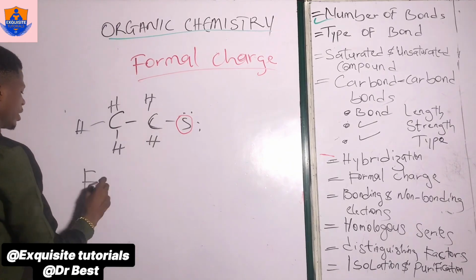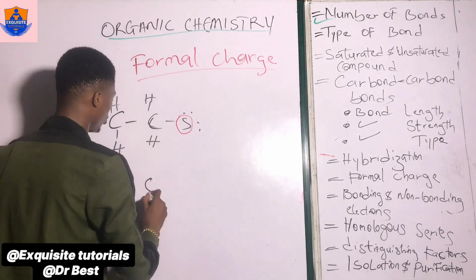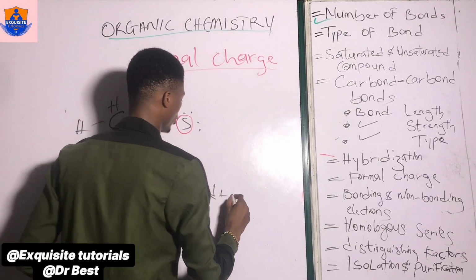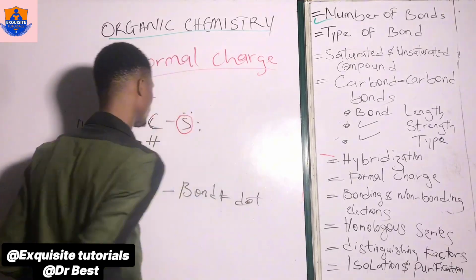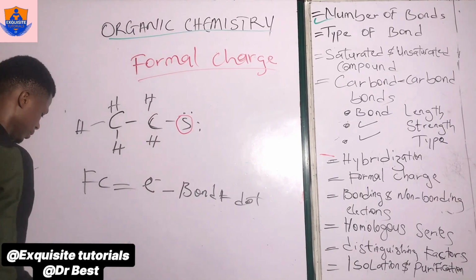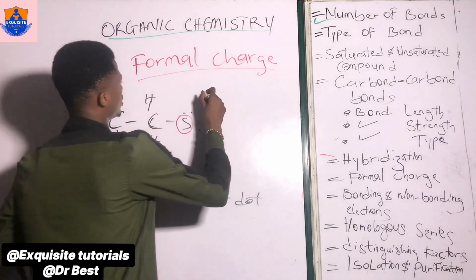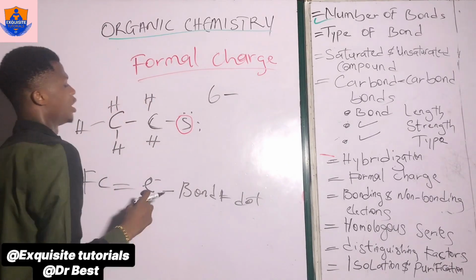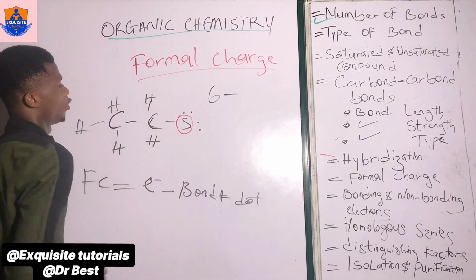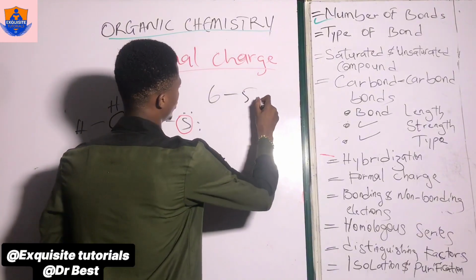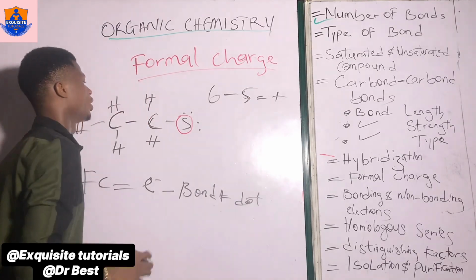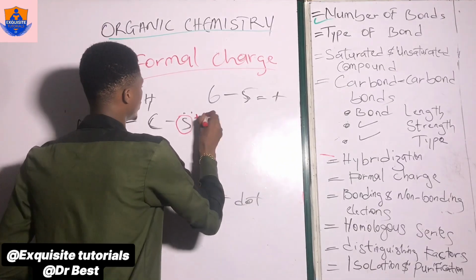Here is the formula to determine formal charge. FC, formal charge, is equal to number of valence electrons minus number of bonds minus number of dots. Now, the valence electron of sulfur is 6. So it will be 6 minus number of bonds, here is 1, minus number of dots, here is 4, so 1 plus 4, which is 5. 6 minus 5 is 1. So the formal charge of sulfur in this compound is plus 1.